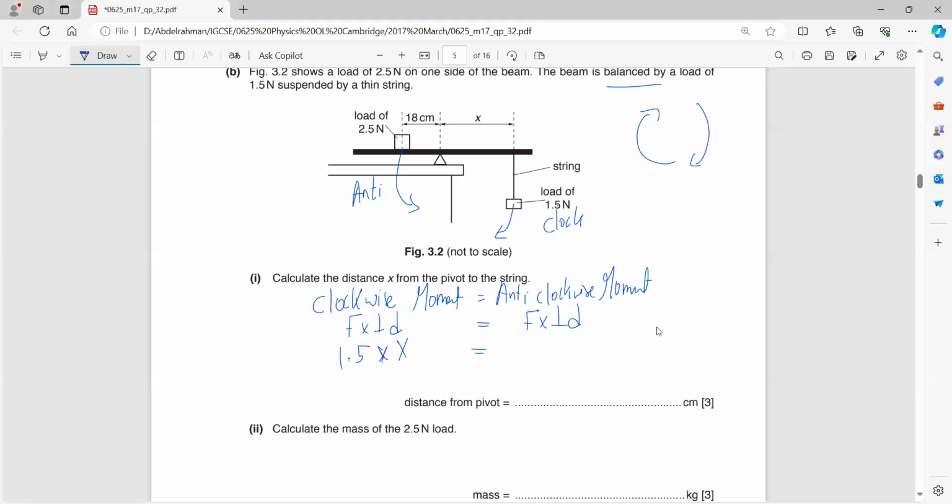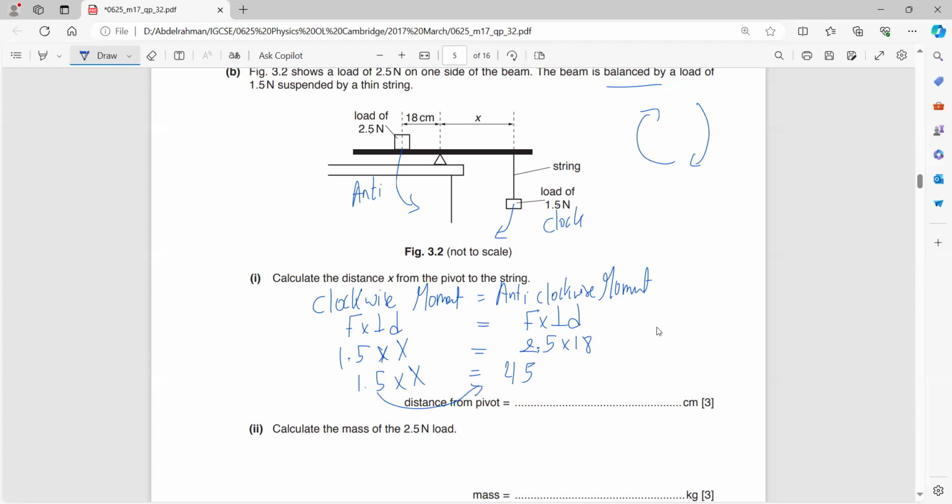Anti-clockwise moment is 2.5 times 18. Can I calculate it? Yes, quite easy. 2.5 times 18 is 45. So 1.5 times x is 45. How can I find x?